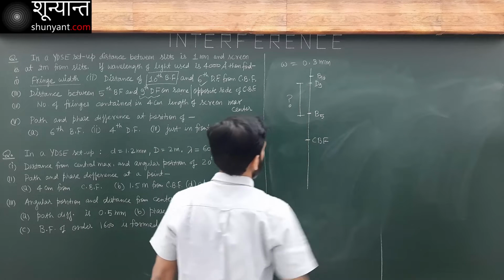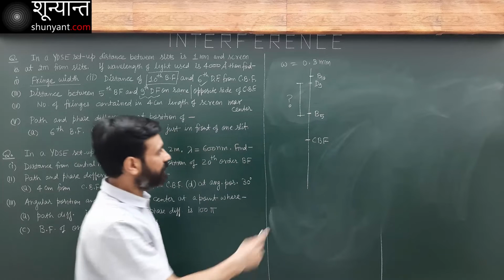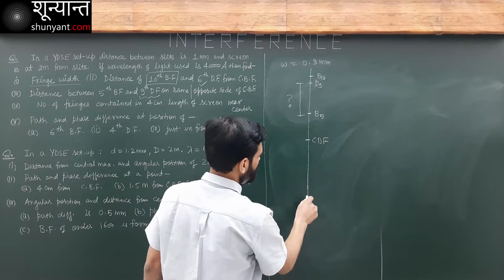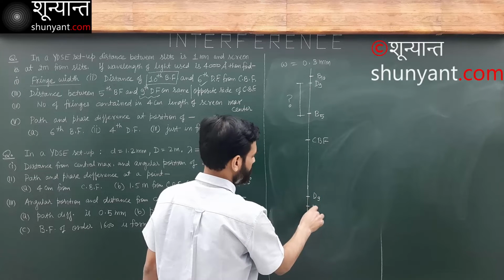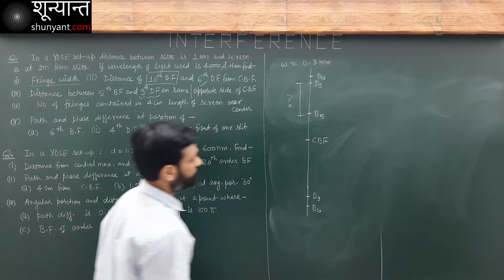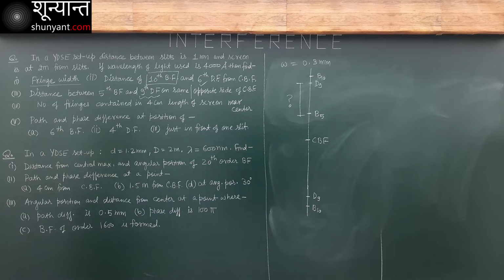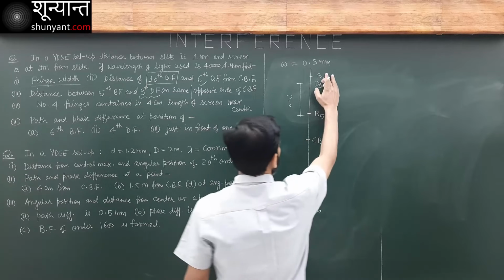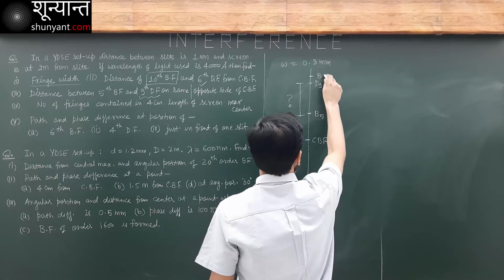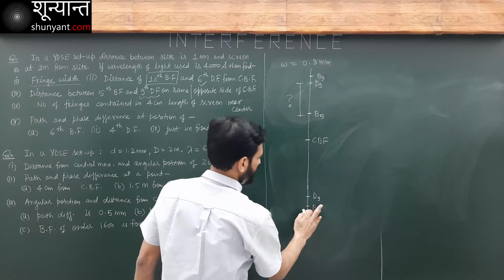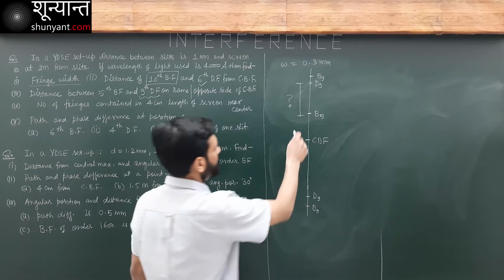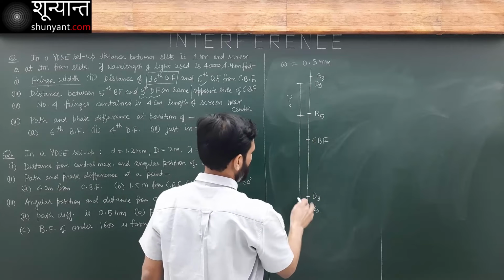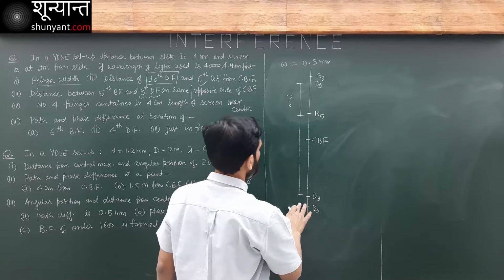Or on the other side, on the other side also I will get a ninth dark fringe here. It will be just before the ninth bright fringe, not the 10th but the ninth. Here also it will be the ninth. Now this also I want to find.